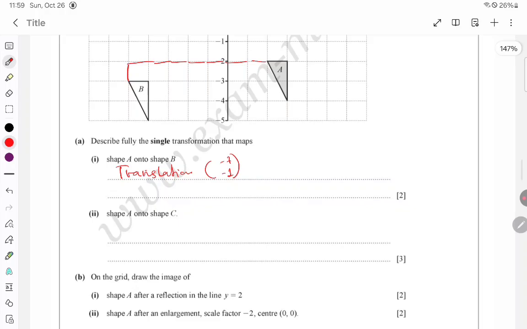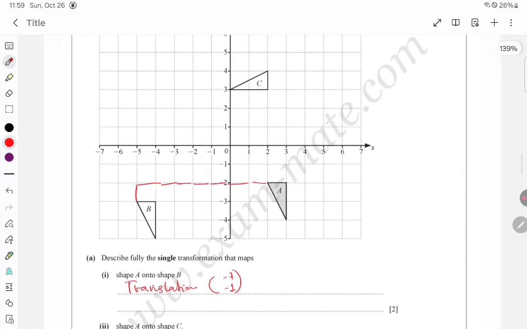Now shape A onto shape C. For shape A onto shape C, it is a clockwise rotation as it is moving in this direction. For that, simply join the line, calculate the perpendicular bisector. Again, the same thing.